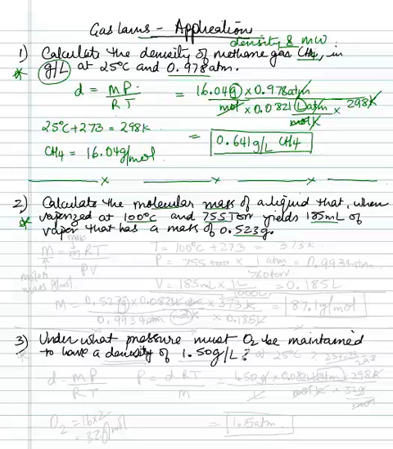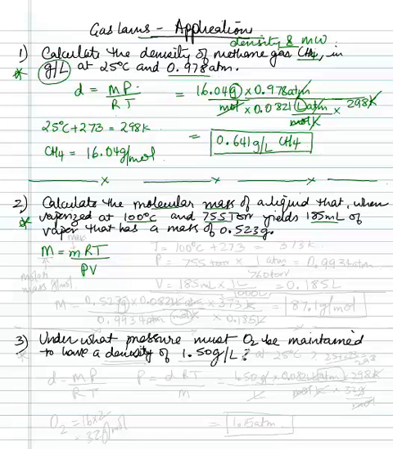Now in this case you probably noticed that we have a lot more data given to us. The equation that we are going to use here is a little bit different than what we had for density, because this is the one for molar mass, and the way to calculate molar mass is this equation, where we have MRT over PV.